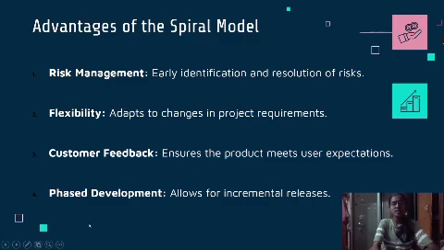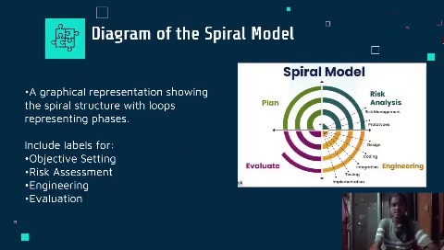The fourth main advantage is the phased development, wherein it will allow incremental releases. So you need not make the whole software at once. In this spiral model, you will be repeating the whole circle, this whole loop, again and again.